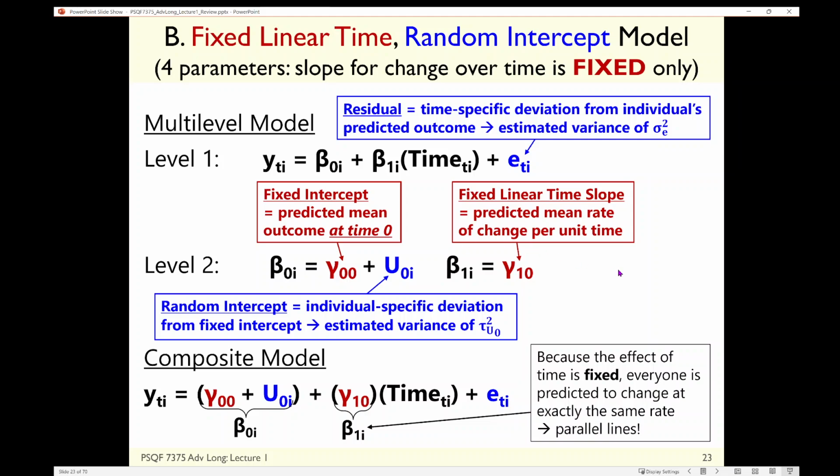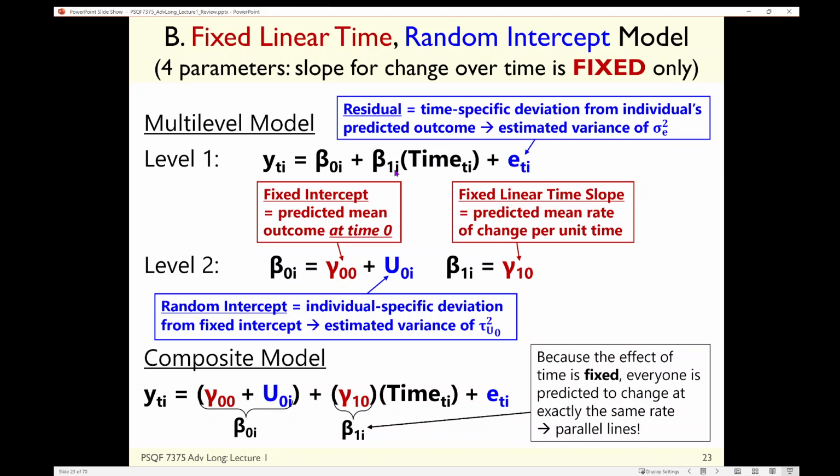If we add a slope for time that is fixed only, so we're talking about panel B in the previous picture, fixed linear time random intercept, that means we're adding a second beta placeholder. Beta 1i is how each person gets their own linear slope for time, in which time should have been centered so that time 0 is somewhere within the span of the data. The first occasion is often a good choice for that.